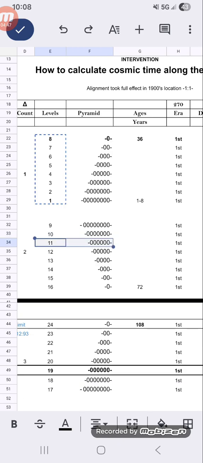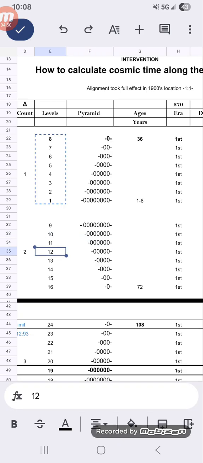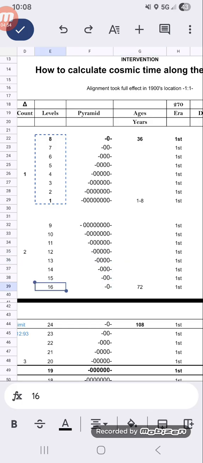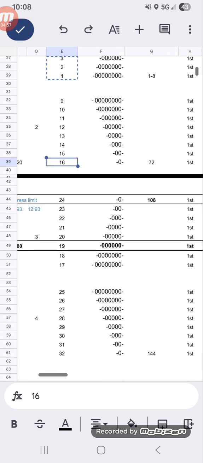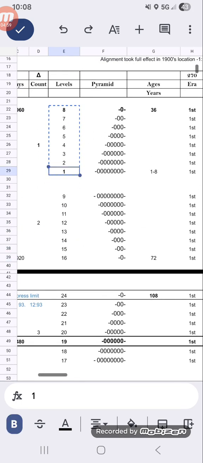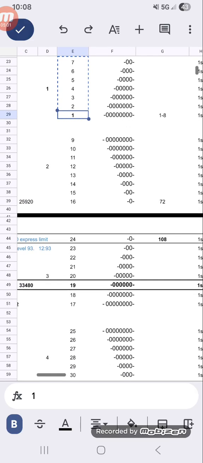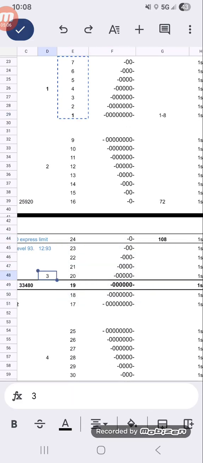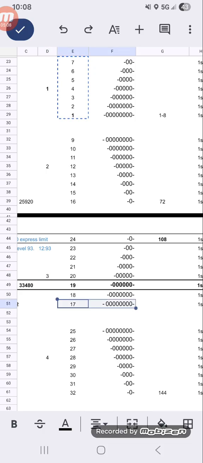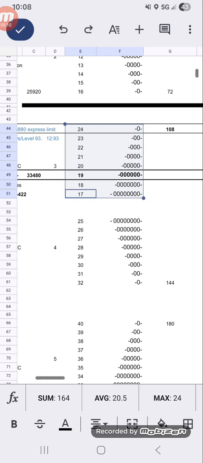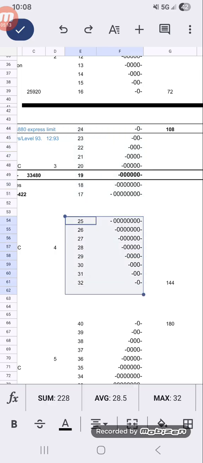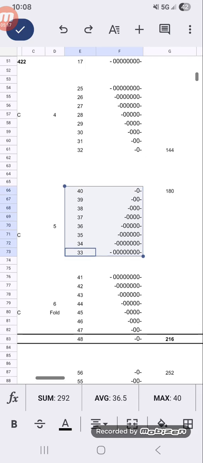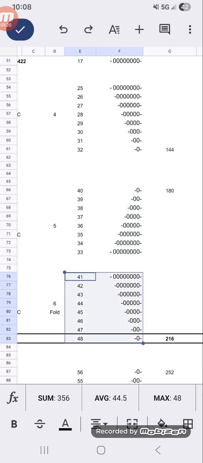Level 11, 6 numbers, and such going down. After number 2, it will begin back like it did at number 1 to 8, here at 17, at the third count or the third pyramid, going up, and then it will fold back over and go down, and it will come up, and then it will go down.